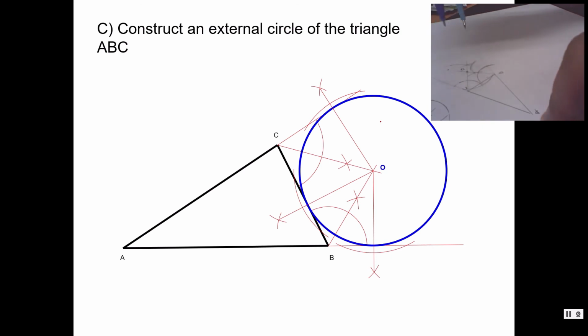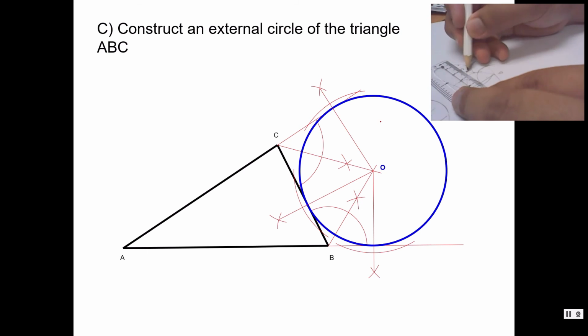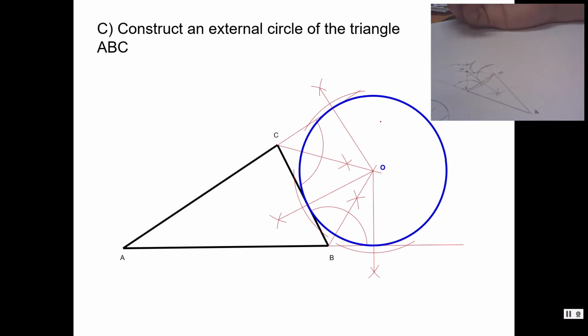Just draw a line like this, and like this. From point O we draw one straight line to here, so that we know this is the point that the circle should touch.